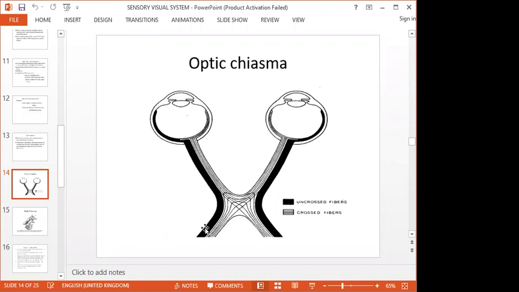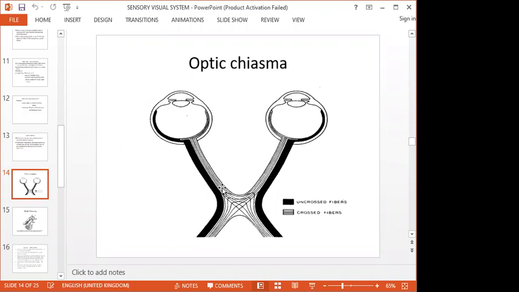In the optic tracts, you have mixed fibers from the same side, temporal, and fibers from the opposite eye which were medial. Is that clear? So you have this crossing over. This is important to appreciate when we come to look at the visual fields.